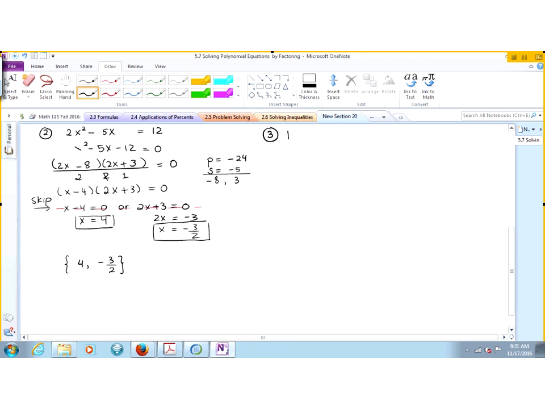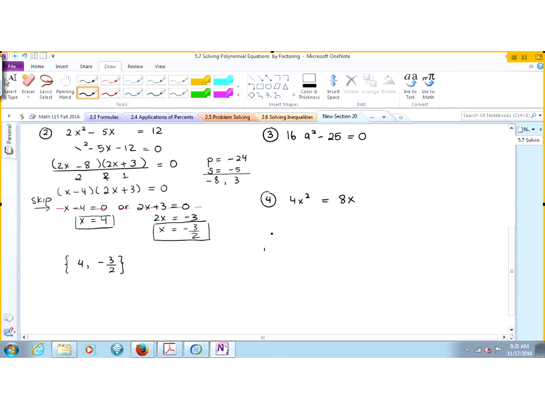Now, do you want to try a few? Yes. Okay, so number 3: 16a squared minus 25 is equal to 0. So remember, standard form, standard form, standard form. Before factoring, it has to be in standard form. Number 4: 4x squared is equal to 8x.